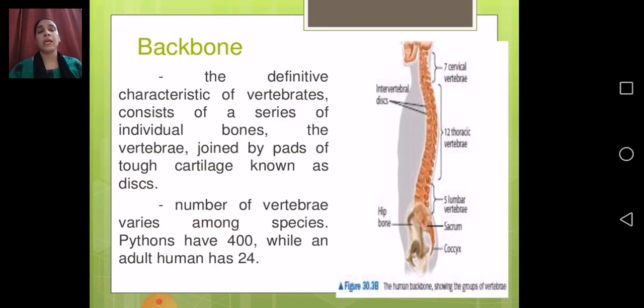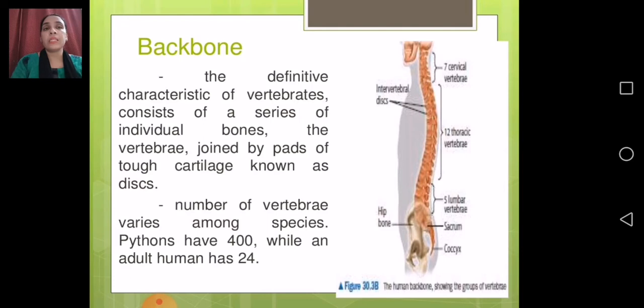The prey is held in their backbone, among these vertebrae, and then it is crushed. The bones will be crushed with the help of these 400 vertebrae present in the body of the python. That is why we say that a python is so harmful for a human being. If any person is caught by a python, they won't be able to get out of it, since it crushes the whole body of that person.